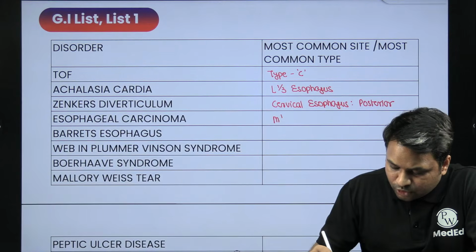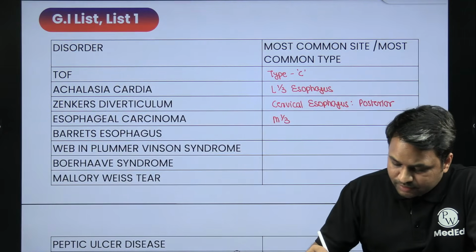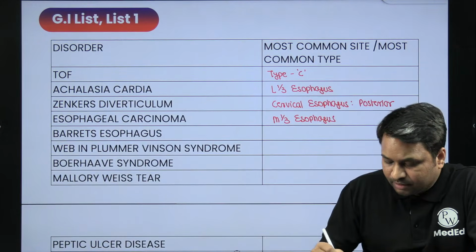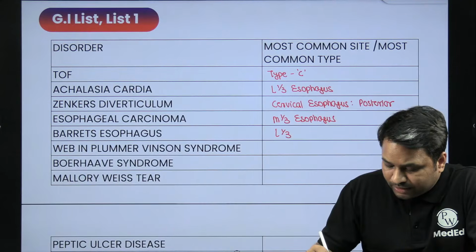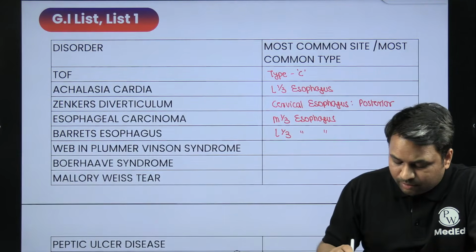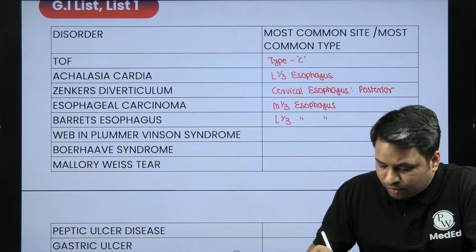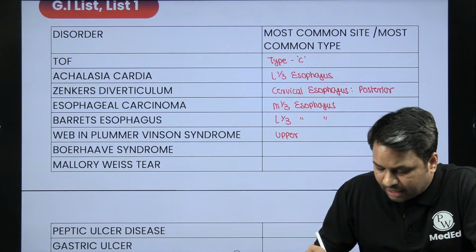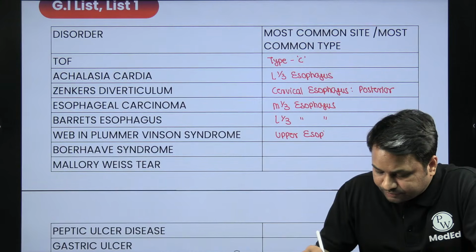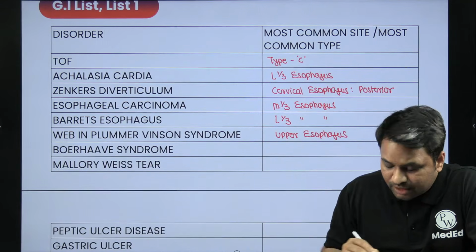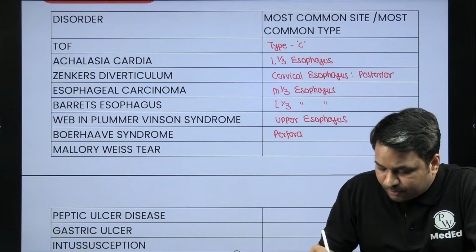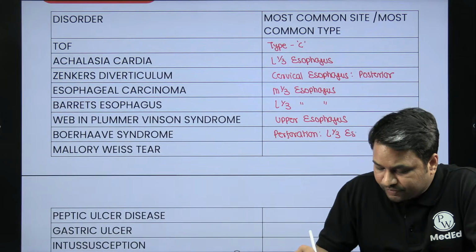Esophageal cancer, the most common site is middle 1/3 of the esophagus. Barrett's is the lower 1/3 of the esophagus. The web in the Plummer-Vinson syndrome is in the upper 1/3 of the esophagus. Boerhaave syndrome, the perforation occurs in the lower 1/3 of the esophagus.